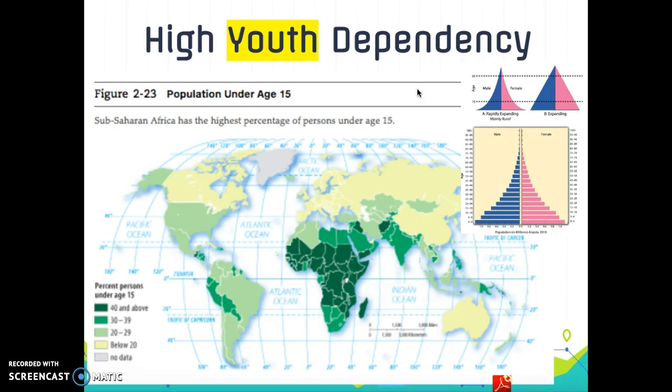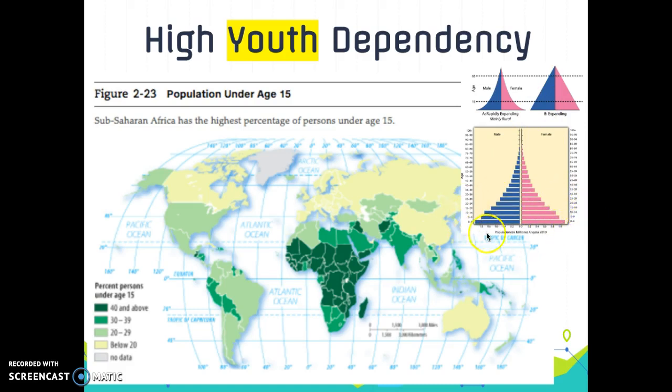So a high youth dependency is going to put a strain on schools, child care centers, pediatricians, right? Think about things that specifically kids access. And also, a youth dependency ratio is going to indicate that in the future, many more jobs will be needed to keep the people of that country employed, right? So this is what a population pyramid would look like with a high youth dependency ratio.